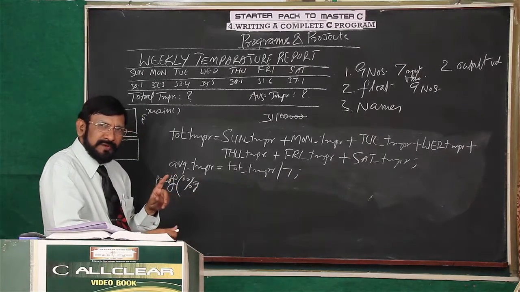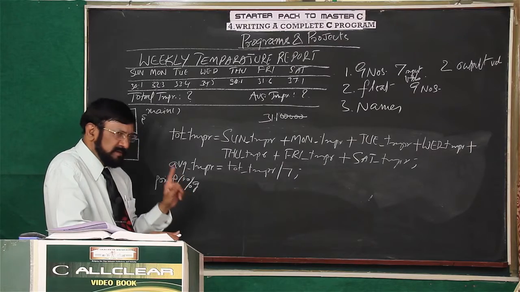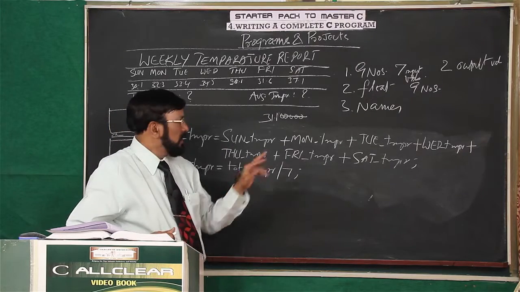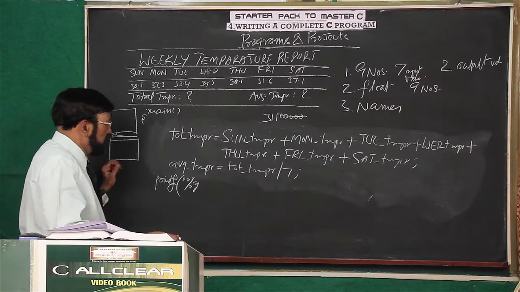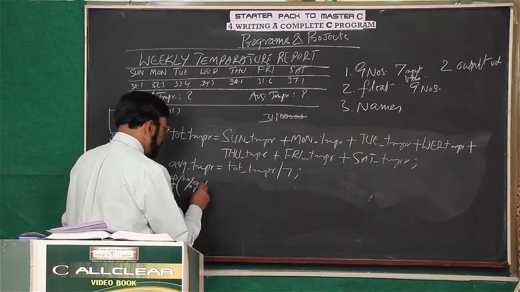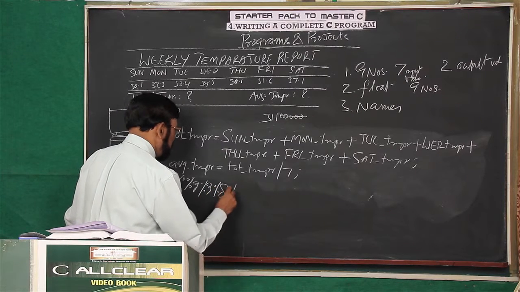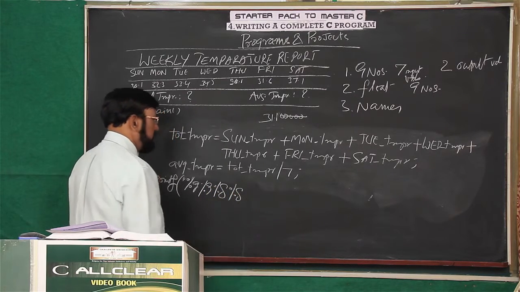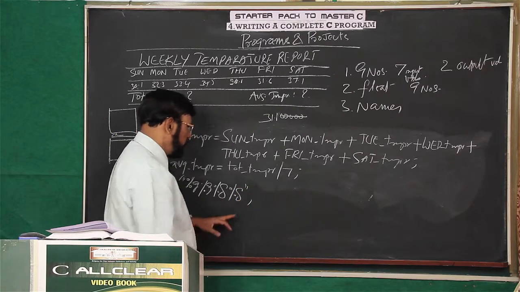Percentage g also represents floating point, but if you don't want the trailing zeros, percentage g you write. Percentage g, percentage g, percentage g, percentage g. Actually 7 you cannot accommodate. That's why 4 only write.